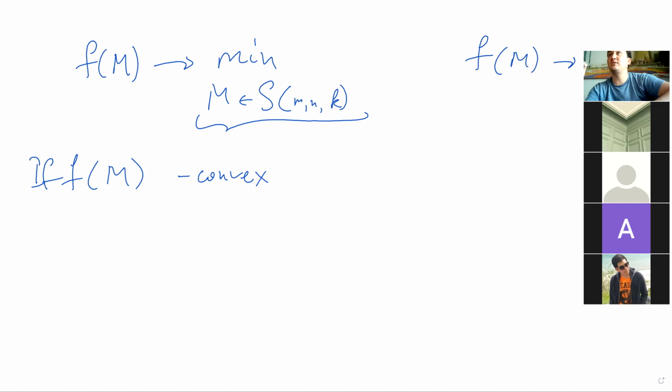Unconstrained convex optimization is tractable, or also if the domain over which we optimize is convex itself. If this is a convex body and a convex function, then the minimization of a convex function on a convex set is a tractable problem. This can be solved.